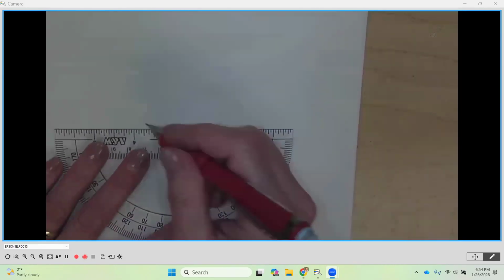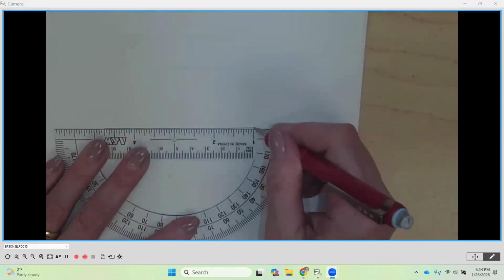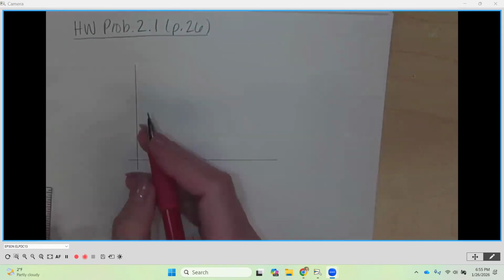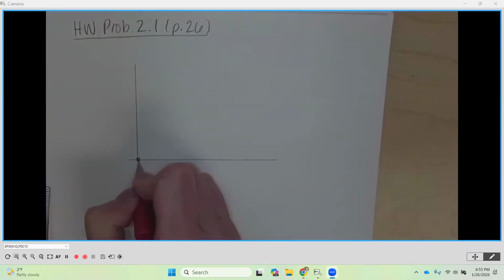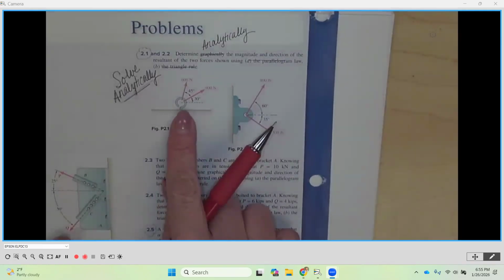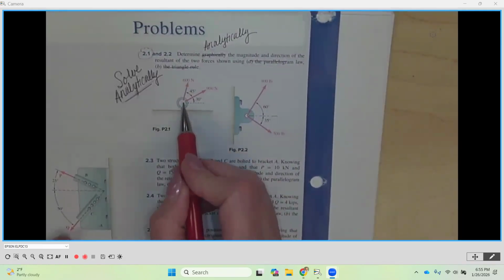I am going to make my horizontal axis as a reference, and a vertical axis. This is going to be the center of what I think is called an eye bolt, where the forces come together.